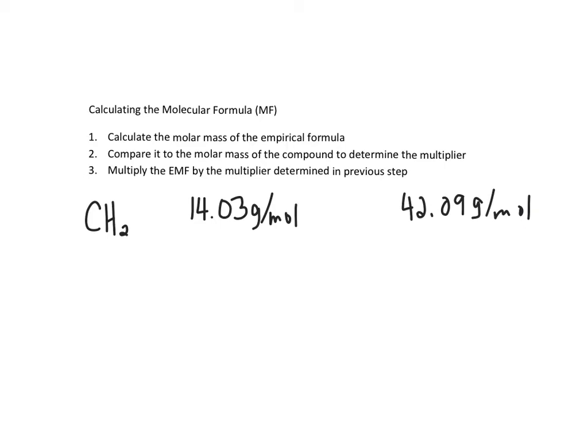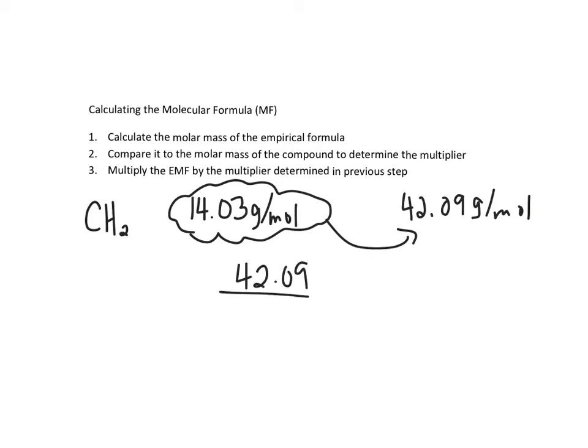So then you figure out how many times your empirical formula can go into the molecular formula. And you do that by dividing. And this will give you your multiplier. Units are the same, so they cancel. So our multiplier is 3. We can fit 3 14.03s into 42.09.